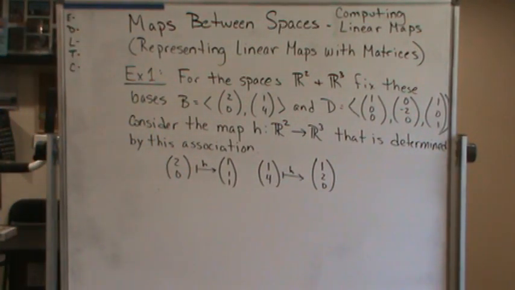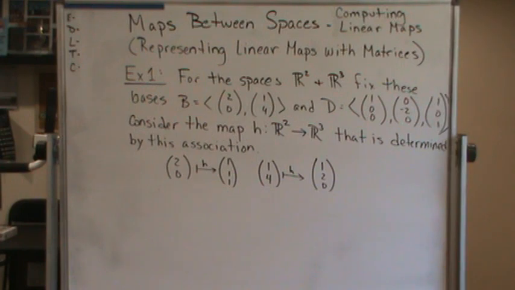Okay? So now let's look at how we're going to compute the action. We're going to compute the action of the map on any vector at all from the domain.